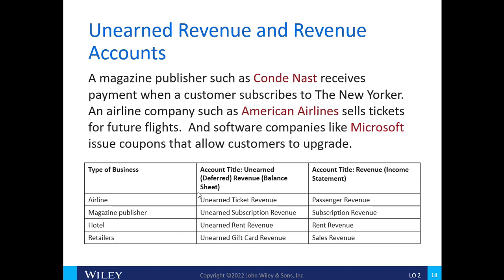So they've received the money, so they owe me a flight. So that's an unearned revenue. And you see the same thing for subscriptions, any kind of subscription, a Hulu subscription. If you get a subscription for software, you pay them, but they haven't provided the service yet, and so that's going to be unearned revenue for them. Hotels, same thing if you pay them in advance.